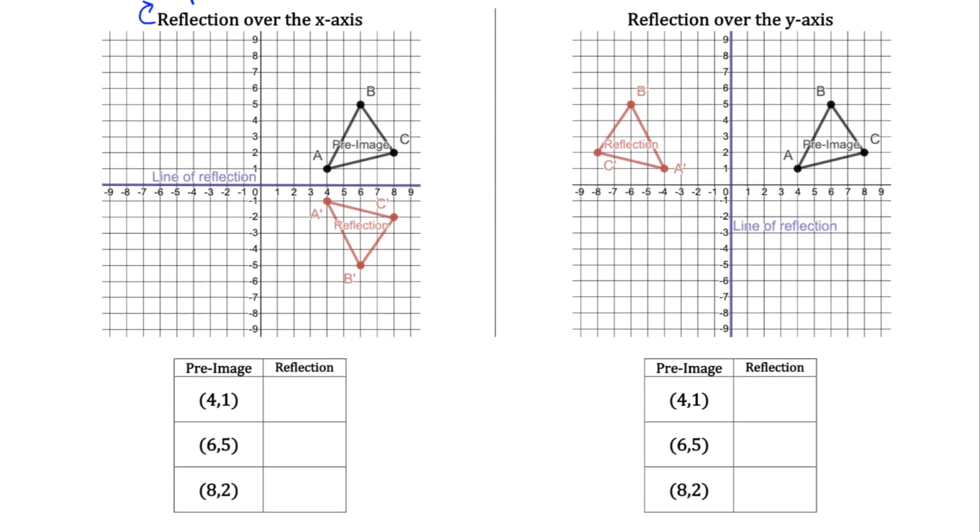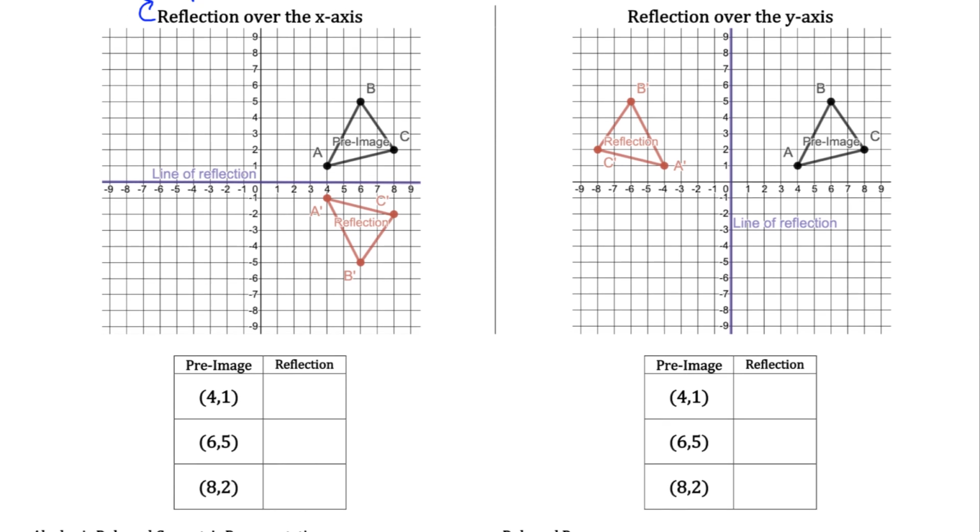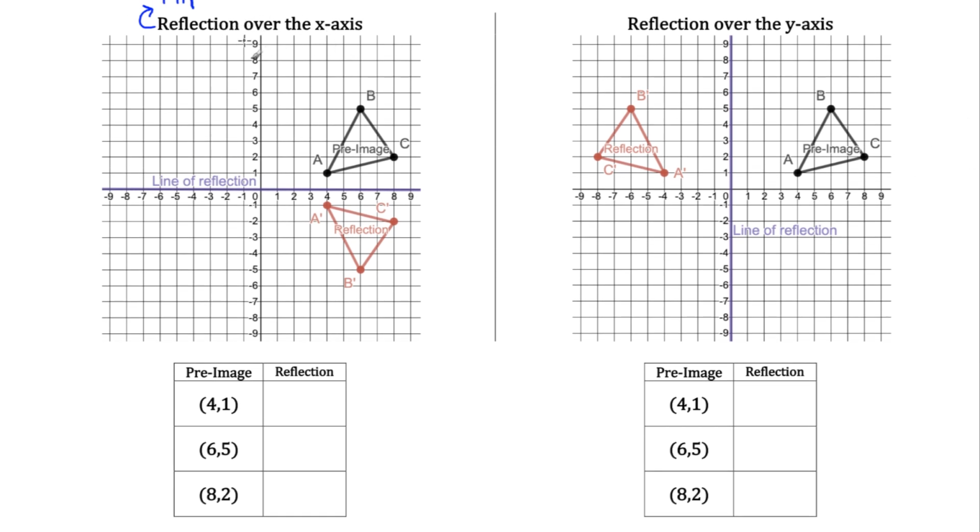So we have this pre-image, ABC, and it is going to be reflected over the x-axis. Like it says right here, flipped over the x-axis, basically. Our vertices are at 4, 1, 6, 5, and 8, 2. And we're going to flip them over the line of reflection, which is the x-axis.